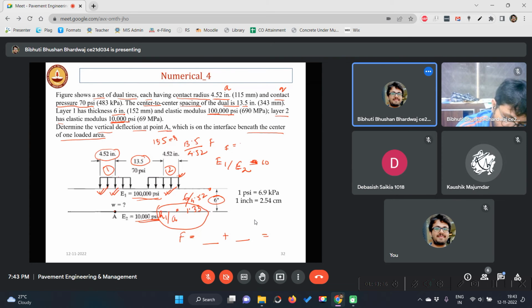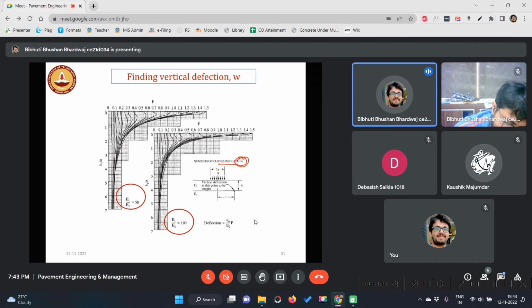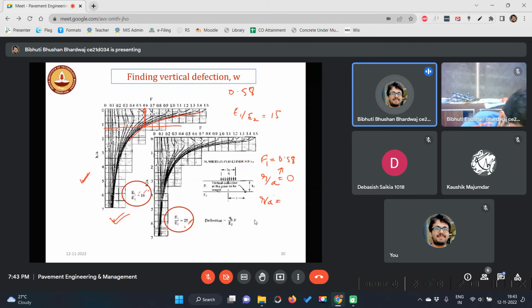Yes, sir. 2.9. You can consider 3. Sorry, this is not F, this is R by A. So 3 is this, I think. It's like this, it's going. I think it's 0.27 or something. F2.